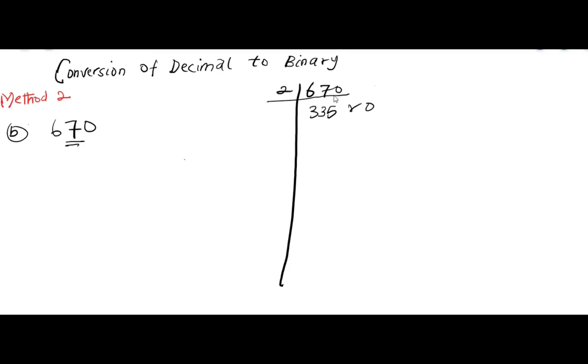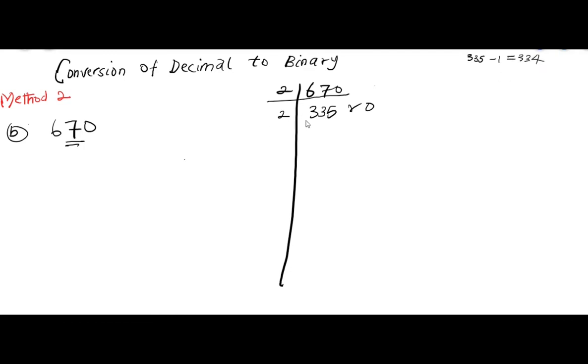All right, so let's go again. 335 divided by 2. 335 here is not an even number, so what I normally do is 335 minus 1 equals 334.